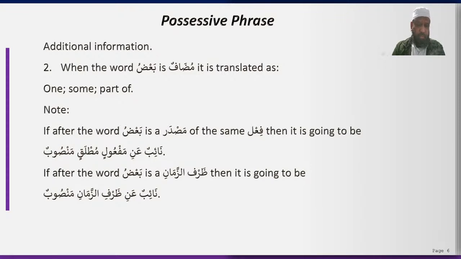If after the word ba'du is a dharfu zaman, then it is going to be naibun an dharfu zaman mansubun. So in the examples, if the word after ba'd is a masdar of the same fi'l, then in the I'rab we say naibun an maf'ulin mutlaqin mansubun.